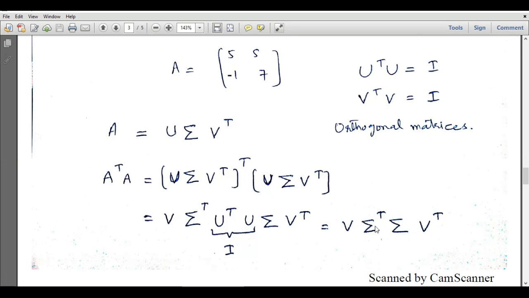So the transpose of the diagonal matrix is equal to the original matrix. It means we can evaluate the sigma square matrix, and if we evaluate the square root of the diagonal entries, we will get the sigma matrix.